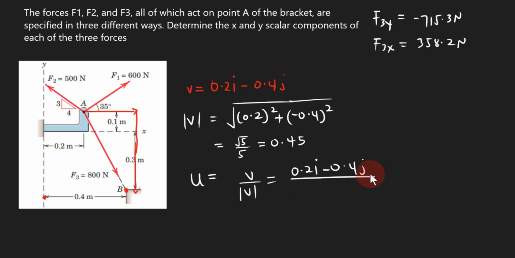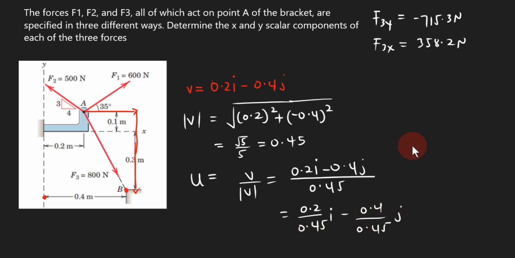This divided by the magnitude of the vector, which is 0.45. So we're going to have 0.2 divided by 0.45i, minus 0.4 divided by 0.45j.